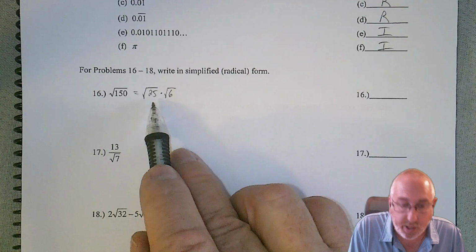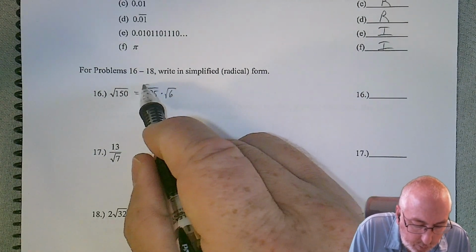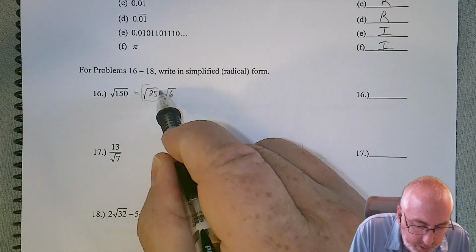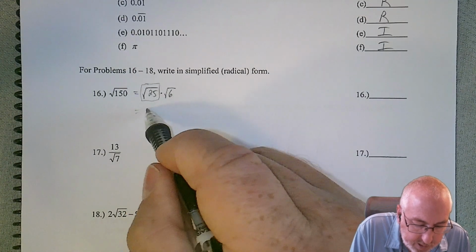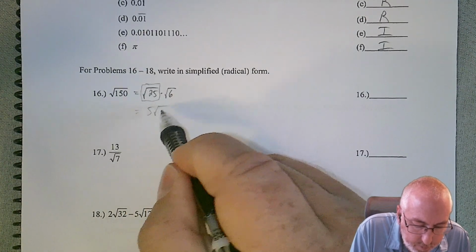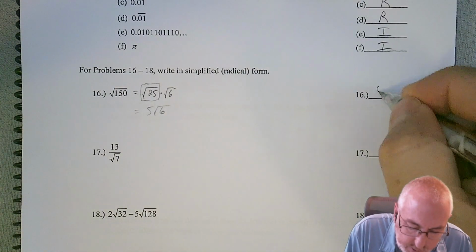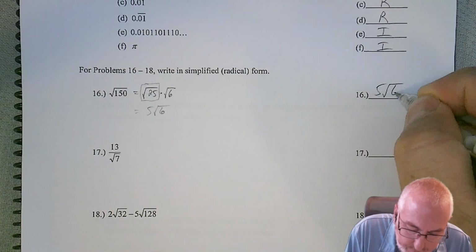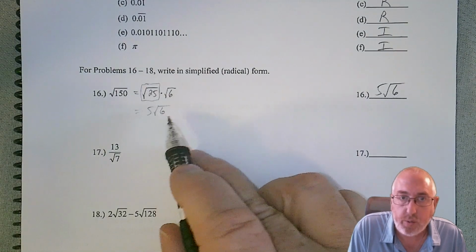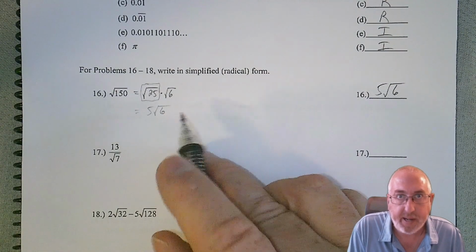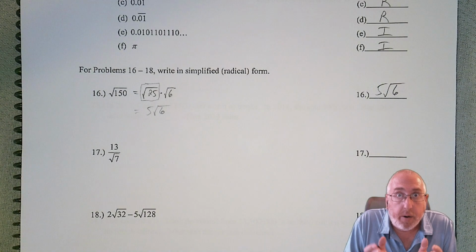And so now we can replace this whole thing. This whole square root of 25 can disappear because we know that's equal to 5. And so that just becomes 5 square root of 6. And you're done. We can't reduce this square root of 6 anymore to make it smaller or anything like that, so we're done.